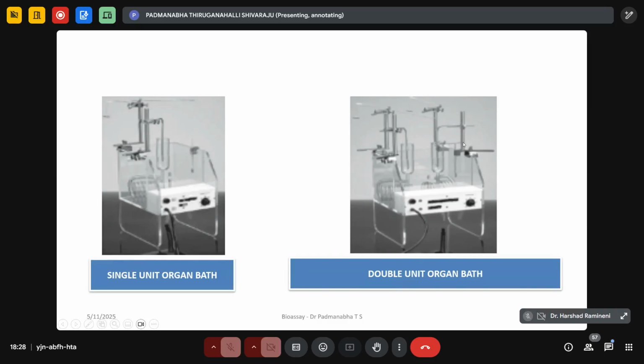And here you can see a double unit organ bath. Two tissues can be kept here, and you can record the two tissue responses at a time. This is the thermometer, sorry, this is the heating coil, which will maintain the temperature. So this is how the organ bath looks.